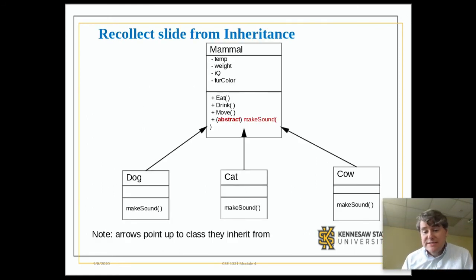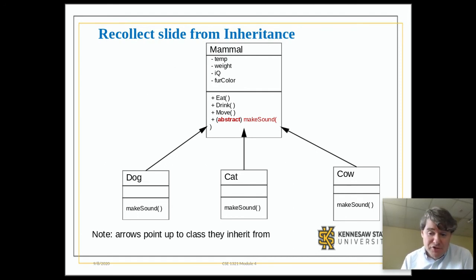All right, so here's an example dealing with our mammal again. We have a parent class called Mammal, and it has a temperature, a weight, an IQ, and a fur color, which we've seen before, and all of those are marked as private variables. Then it has 3 methods, eat, drink, and move, which are all actually defined in Mammal. Up until this moment, everything about Mammal is a real class. There's nothing that would have made it an abstract class.